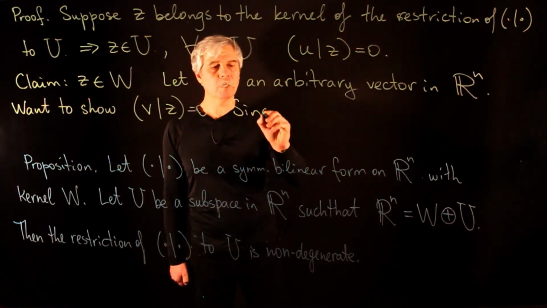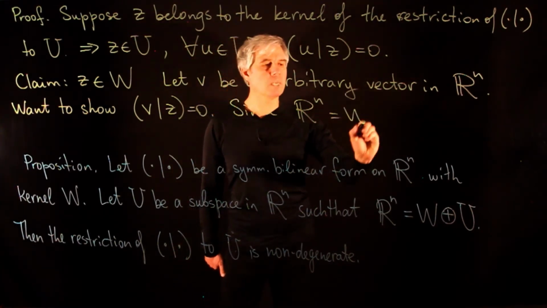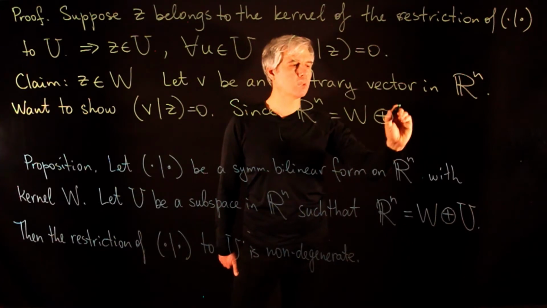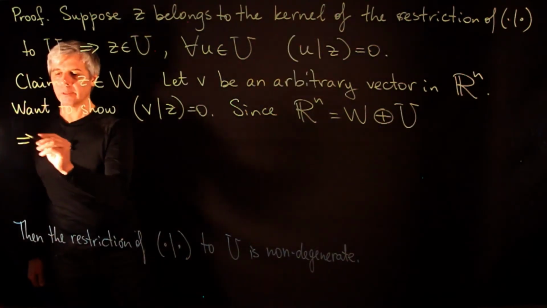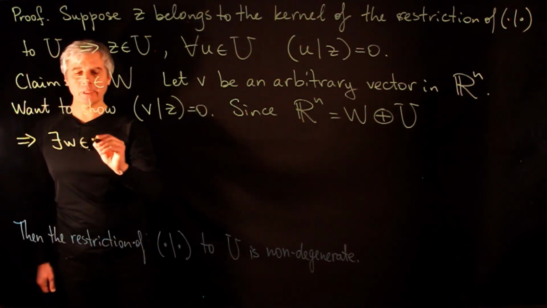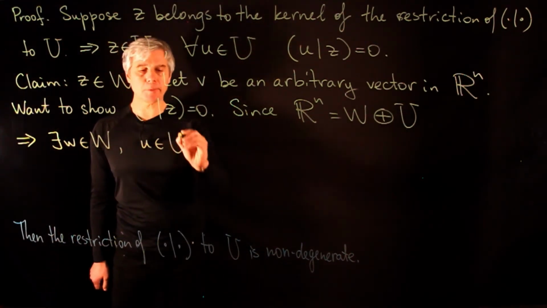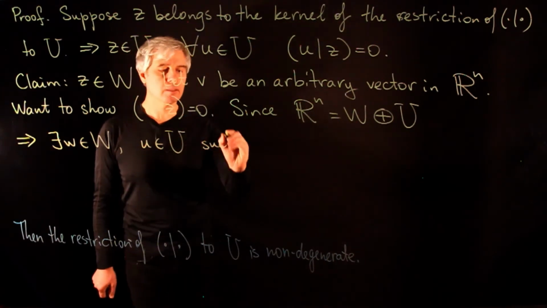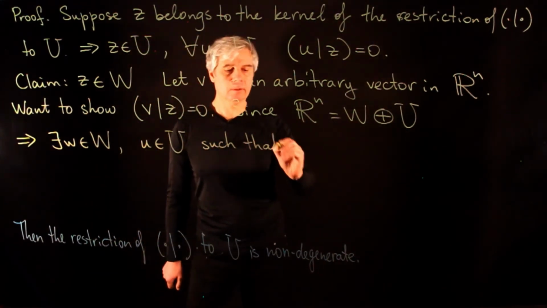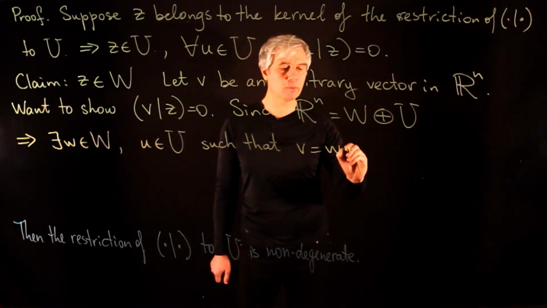Since Rn decomposes as the direct sum of W plus U, there exist vectors little w in W and little u in the subspace U such that v can be decomposed as the sum w plus u.